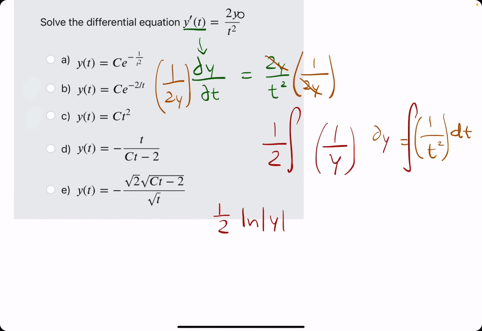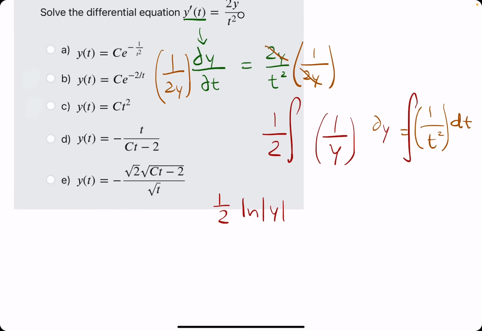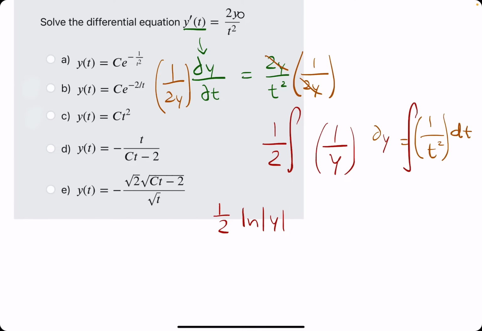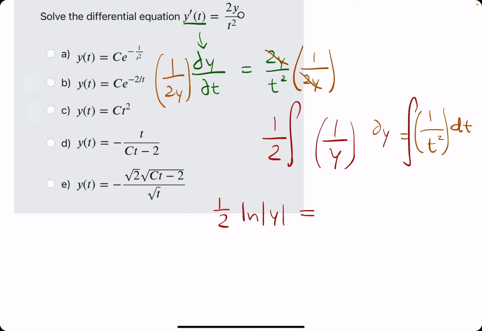This is where natural log comes into play. So the derivative of ln of y is 1 over y. And so the antiderivative of 1 over y is ln of y. And anytime we have ln as the antiderivative, we want to remember to put absolute value bars just in case. And then we do the right side.